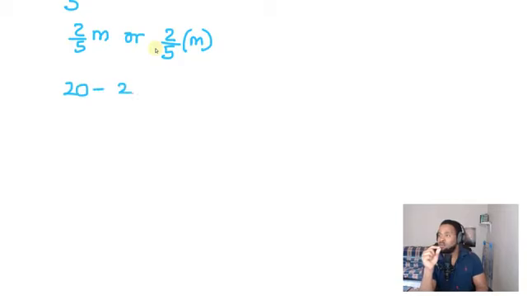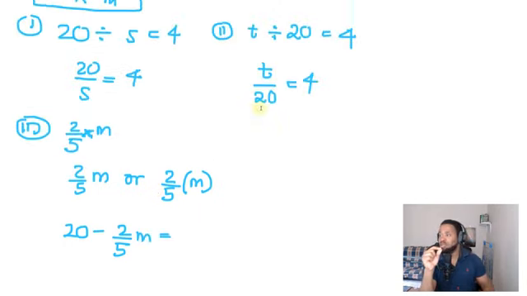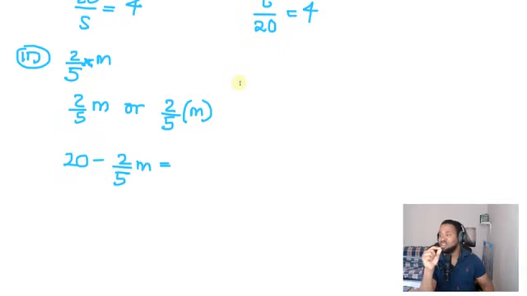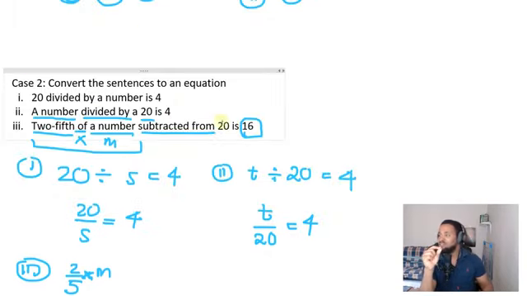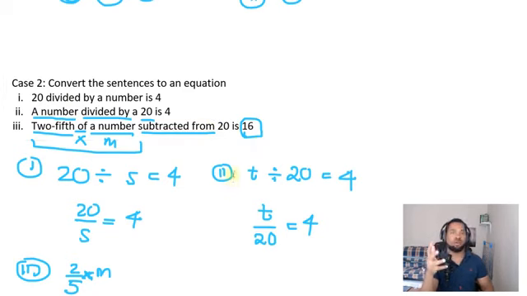So therefore 20 minus 2 over 5m will give you the number, which is in this case 16. So this is the equation that does match the specific statement that is given right here. And so that is how you're able to go about solving this particular problem.